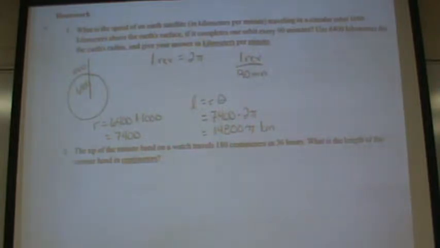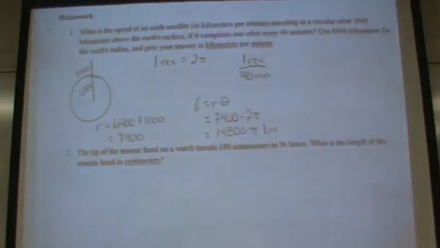But we need a speed. So we're told that it completes this 1 revolution, or this 1 orbit, in 90 minutes. And it tells us up here that our speed should be in kilometers per minute.